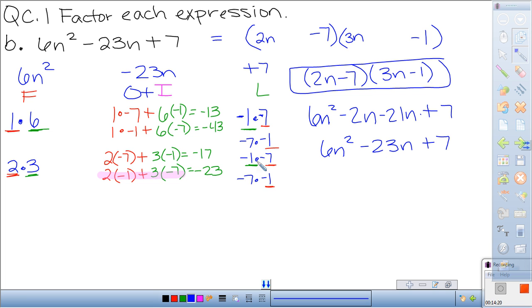So again, if we look over this one more time, remember that since our middle term was a negative 23n, the factors of our last term had to be negative so that we could end up with a negative 23n in the middle. All right, that does it for example 1.